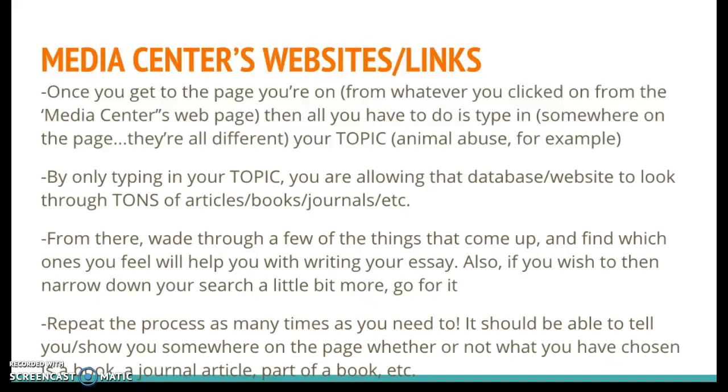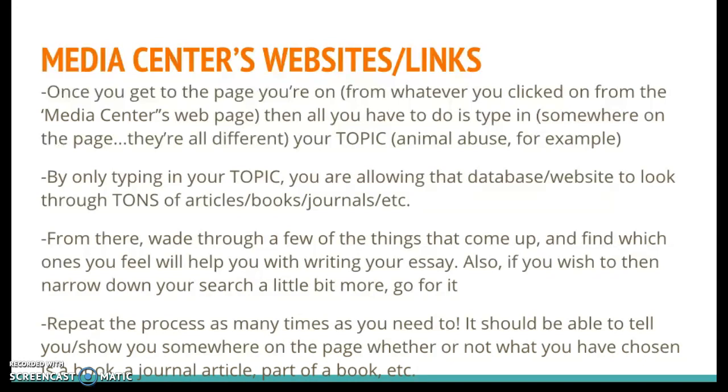Try going by only your topic, because then you're going to allow that database or website to look through tons of articles and books. It's not so tiny, it's not so singular. You're going to get more than just 1 or 2 things that pop up. And from there, you want to wade through a few of the things that come up and find which ones you really feel will help you with writing this essay.